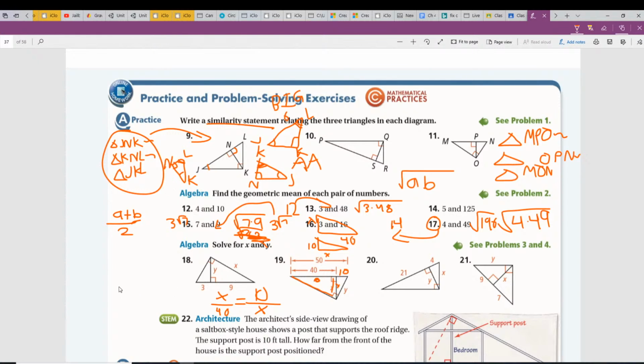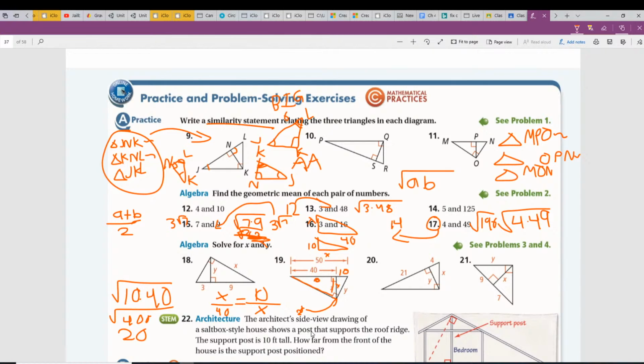So it's basically the square root of 10 times 40, which is the square root of 400, which simplifies to 20. So x is equal to 20. Oops, wrong triangle. So x right here is equal to 20. I know that it looks like I'm pointing to y, but it's actually pointing to x.